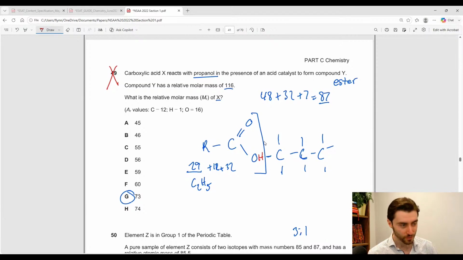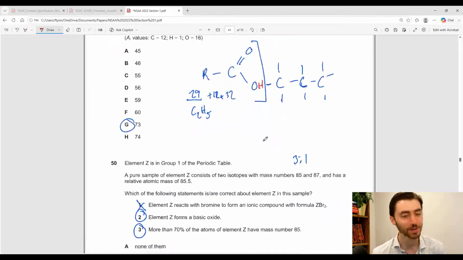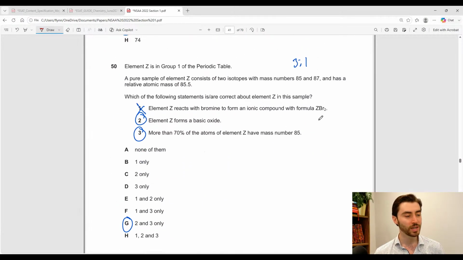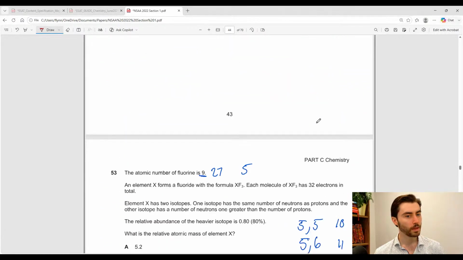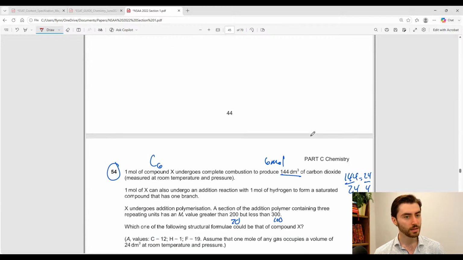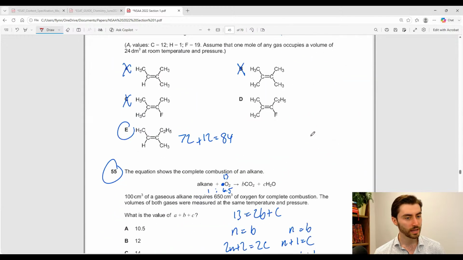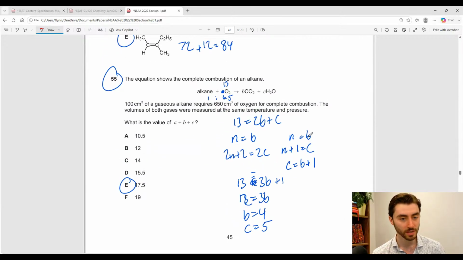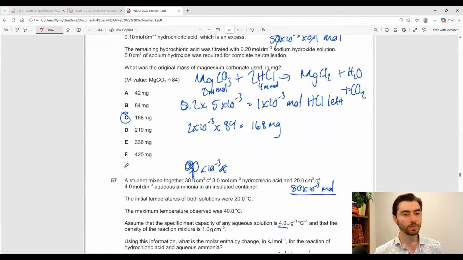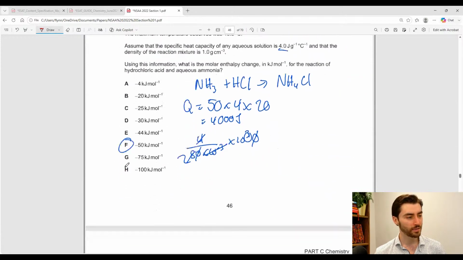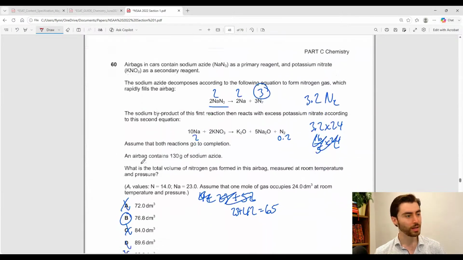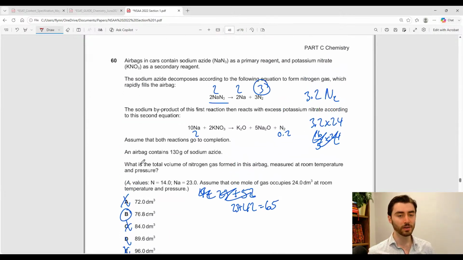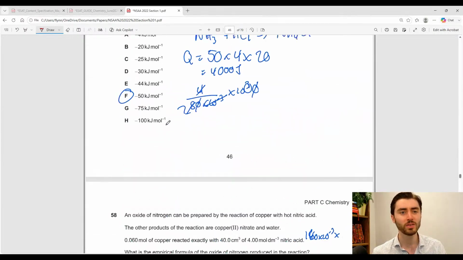That's so frustrating because my process was entirely correct. 50 was G, 51 C, 52 A, 53 D, 54 E, good. 55 D, I've already discussed why that went wrong. 56 C, 57 F, 58 A, 59 E, boom, I'm proud of that one. And 60 B. Nailed it. All right, so 17 out of 20, all of them very annoying technical mistakes.